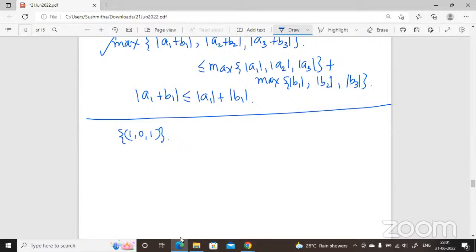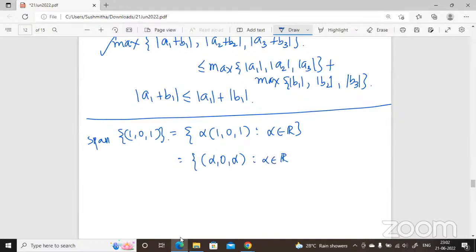Yeah, because the span of this set is the set of all alpha times 101, so this is nothing but the set of all alpha 0 alpha. Here I can write it as x0x or z0z, anything is okay.